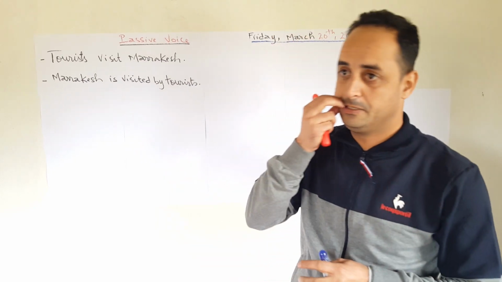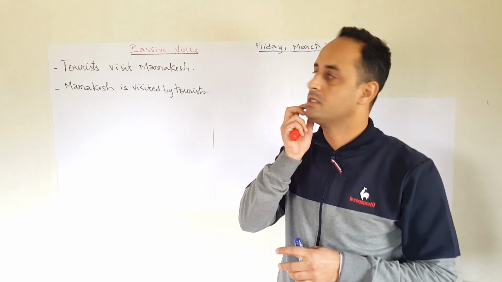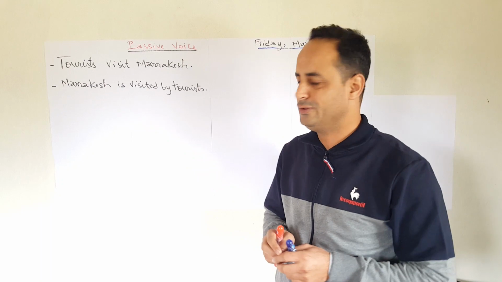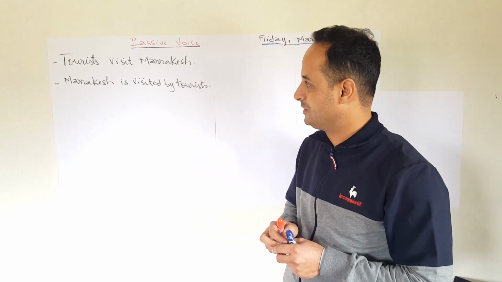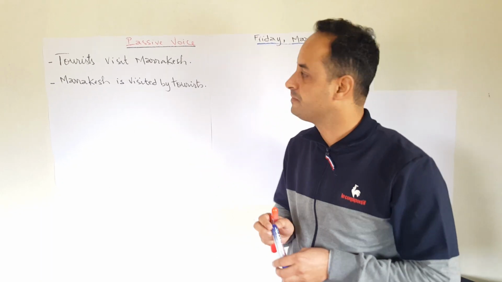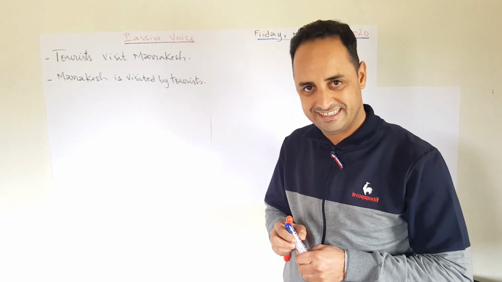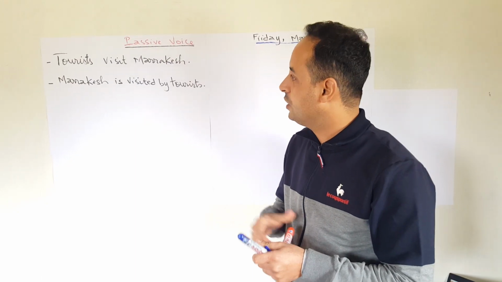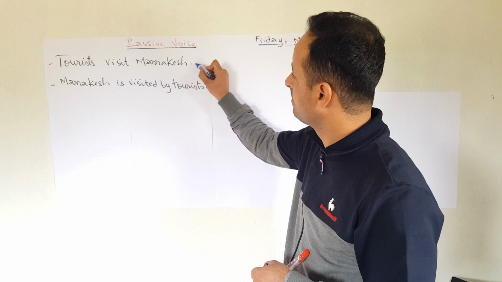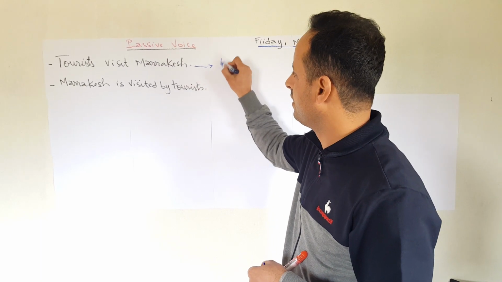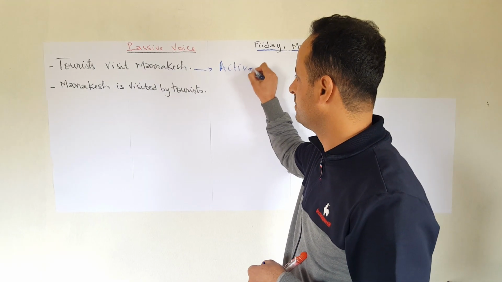So the lesson is about passive voice. Let's consider these two examples. Tourists visit Marrakesh, and Marrakesh is visited by tourists. The first example is considered active voice.